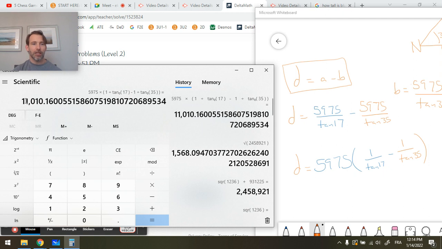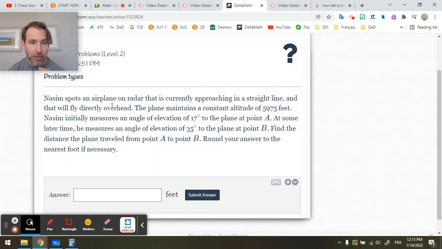Okay, so this is what we're getting as an answer. The plane has traveled, these are meters, so 11 kilometers and 10 meters, 0.16. Okay, so I'm going to copy all of this depending on how much detail they're looking for. Round it to the nearest foot. Oh, these are feet, not meters, sorry.